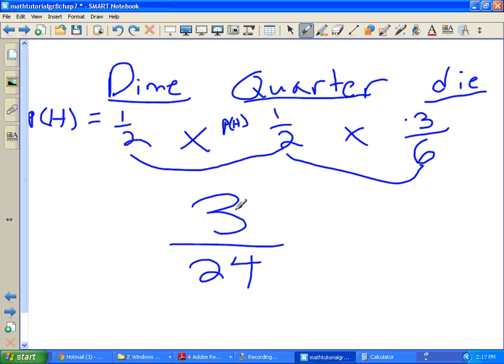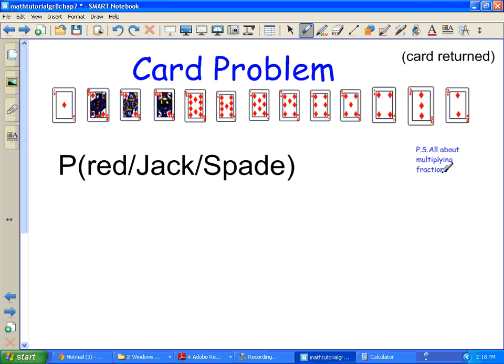I could reduce this to 1 out of 8 by dividing the top and the bottom by 3. But that's my chances, so it's not a very good chance of getting all these 3 things to happen that I want. Of course, they are all things where, if you put them back, the stuff gets returned.